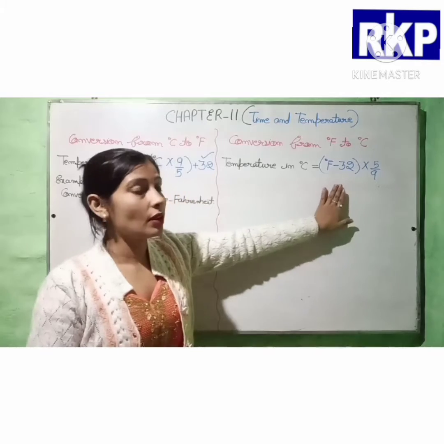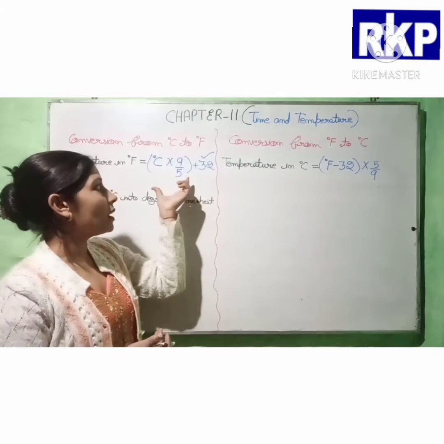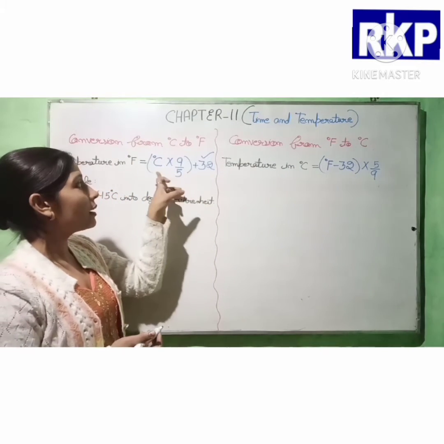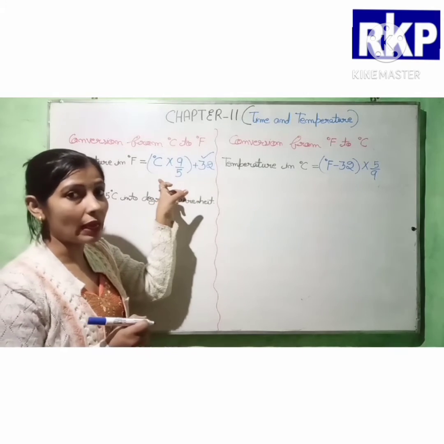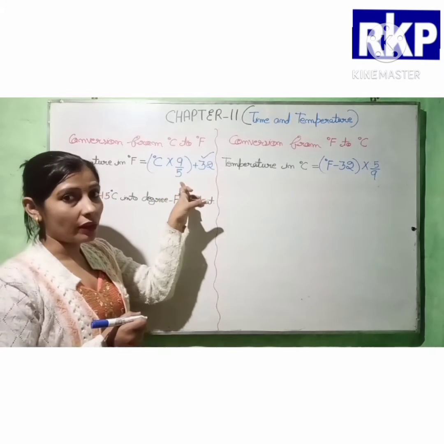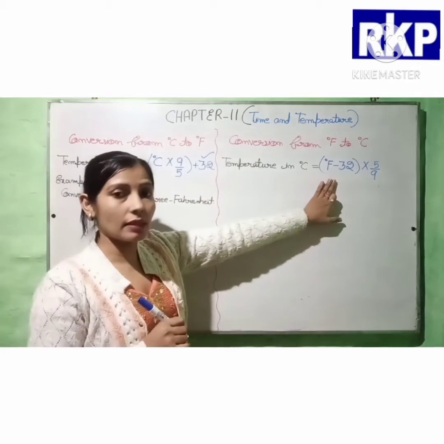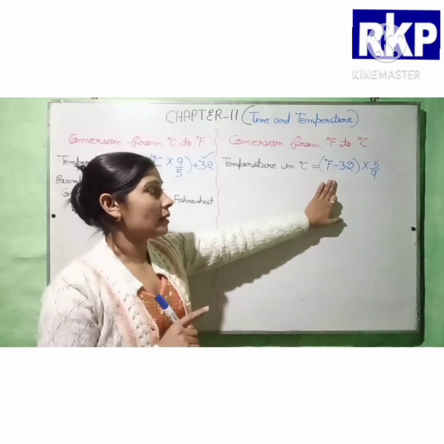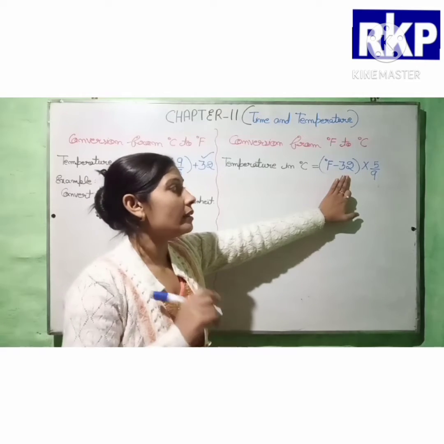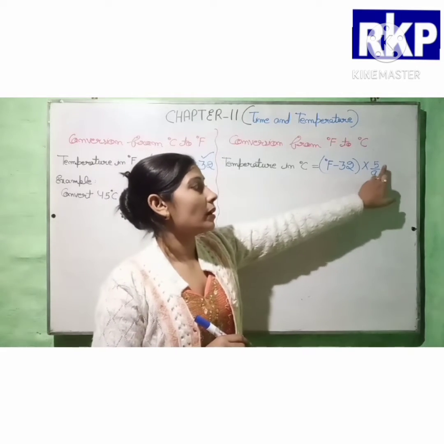It's the reverse of it. In the previous one, first we multiply with 9/5 and then add 32. But in this we have to subtract 32 and then multiply with 5/9.